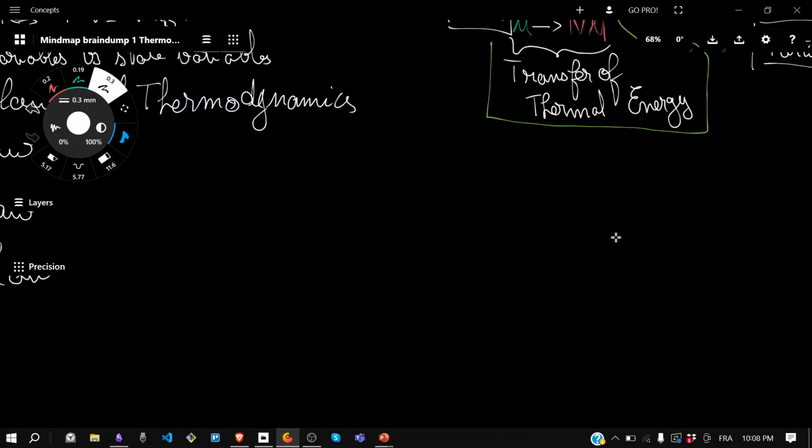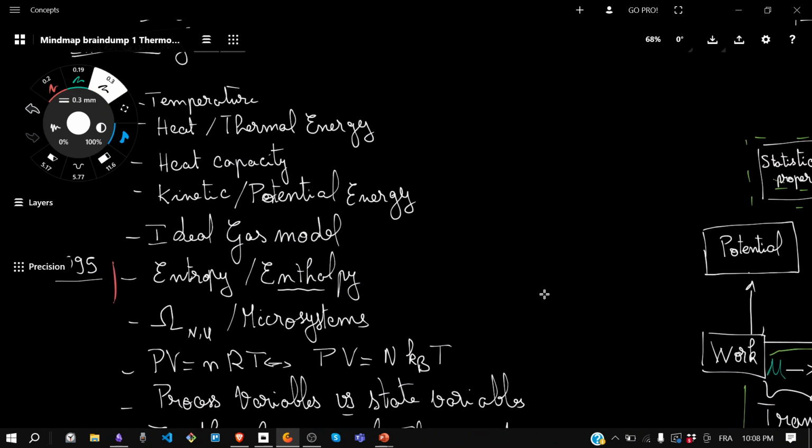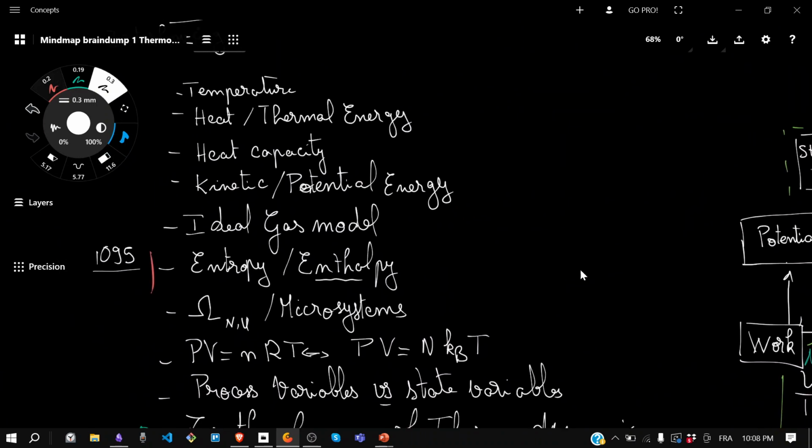Before that, let's see. We talked about temperature, right? Talked about temperature. Tried to talk about heat and thermal energy. We did not talk about heat capacity. Kinetic potential energy was mentioned. Ideal gas model, haven't talked about that. Entropy, not enthalpy.